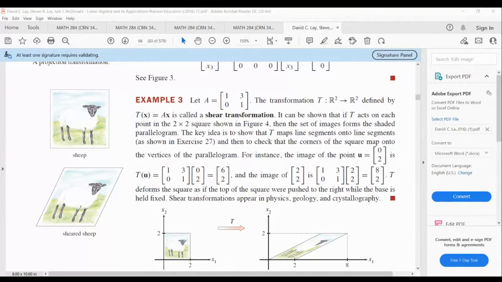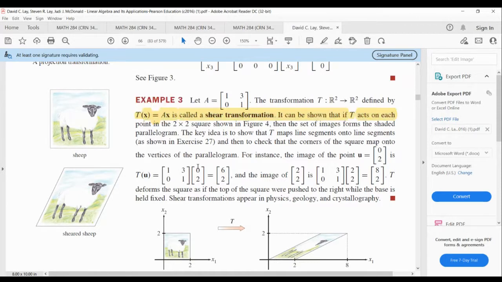The matrix with rows 1, 3 and 0, 1 will take vectors in R squared and map them to R squared. And this particular transformation using that matrix A is known as a shear transformation.